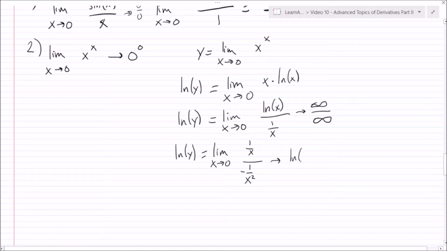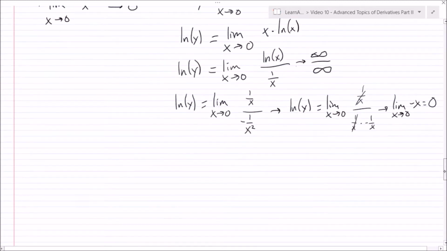And now if I simplify this one, I can get that this is 1 over x all over 1 over x times negative 1 over x. These cancel. I can rewrite this as the limit as x goes to 0 of just negative x, which gives me 0. And now, again, this is ln of y, so solve for y equals 1.